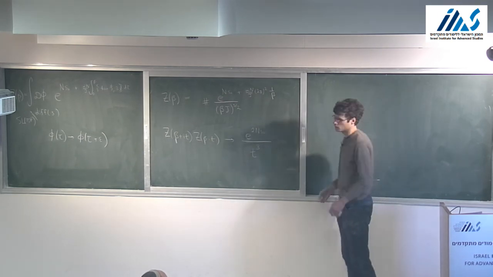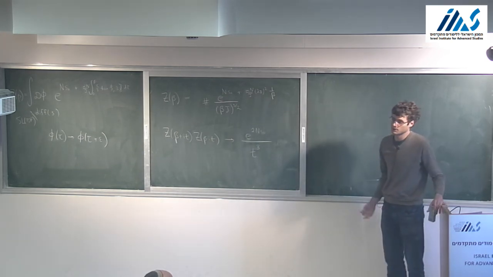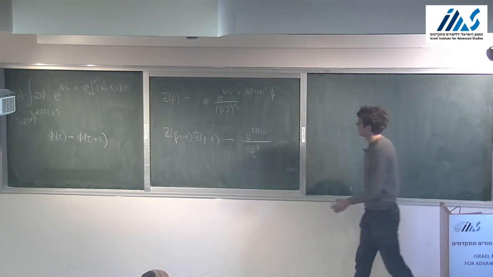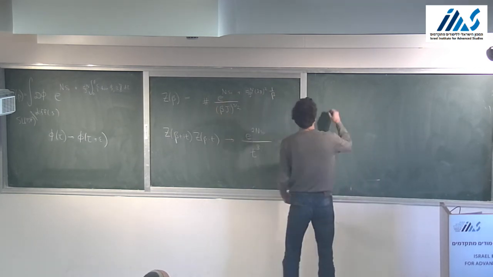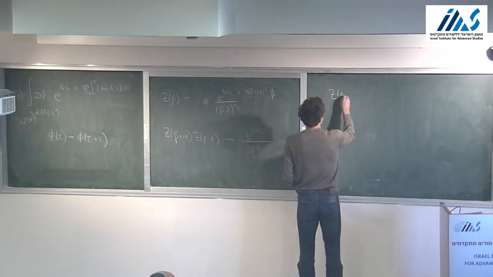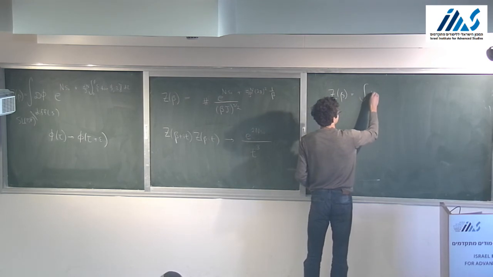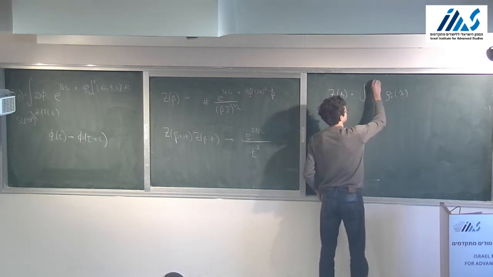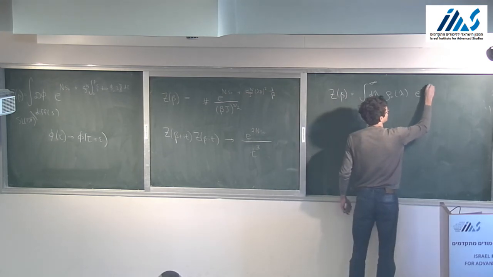But its explanation comes from the same place as in random matrix theory, which is that the density of eigenvalues in the SYK model vanishes like a square root. We can take this expression for the partition function and try to write it as an integral with some density of eigenvalues of e to the minus beta lambda.